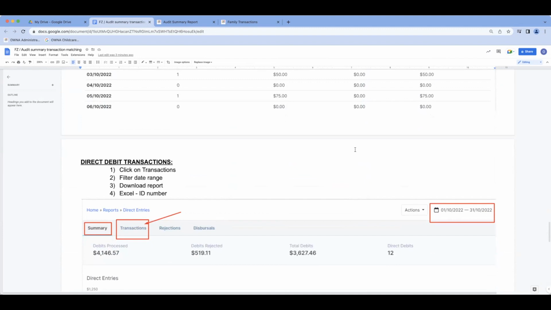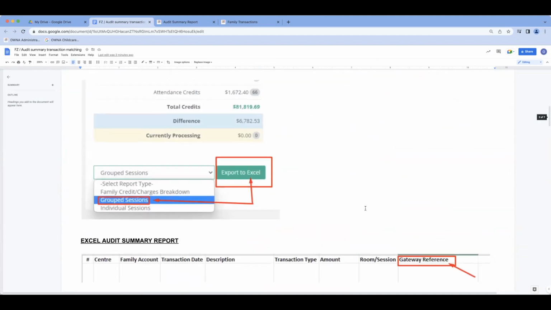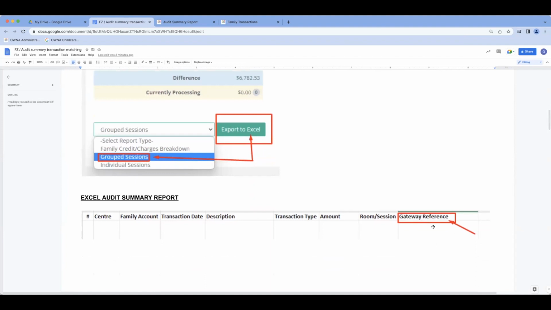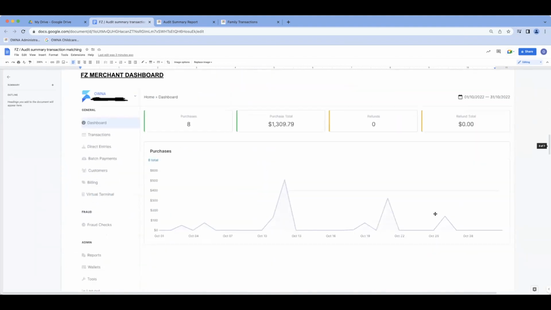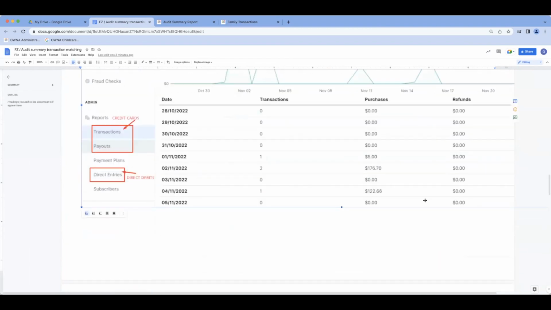That ID column is exactly the same reference as the one I showed you earlier in OWNA, which is the payment gateway reference. Those IDs will match these ones. So that's how you can check that you've been paid and it's been recorded in OWNA correctly. So those are your credit cards.